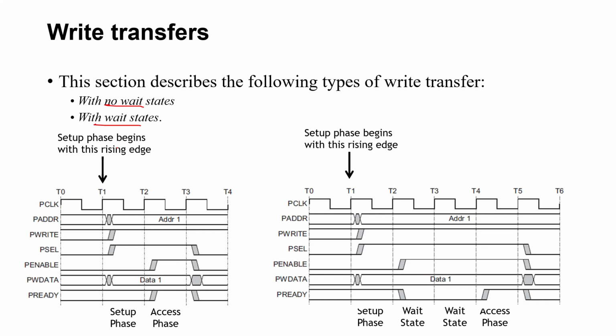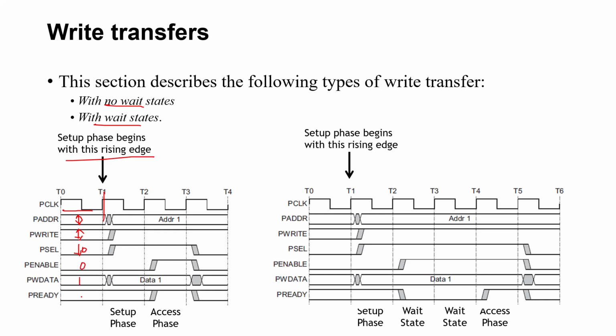So in the setup phase only we are transferring the data. That means at the rising edge of the clock only it is changing the transaction. See, this is the T0 cycle. During the T0 cycle, so during the first cycle, all signals are in idle condition. See, there is no address here, there is no write data here, the select signal is also 0, and the enable signal is also 0.